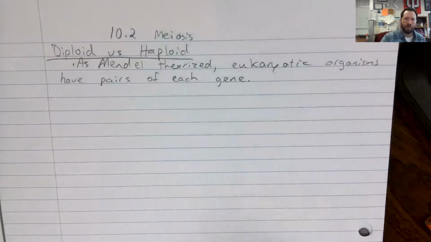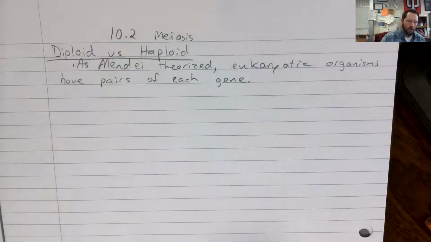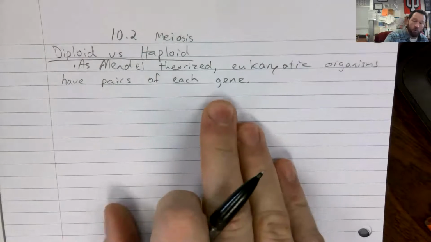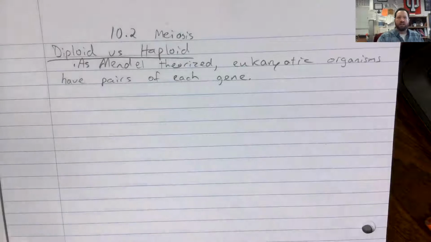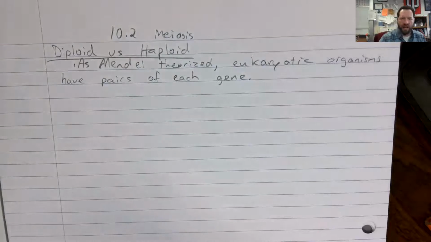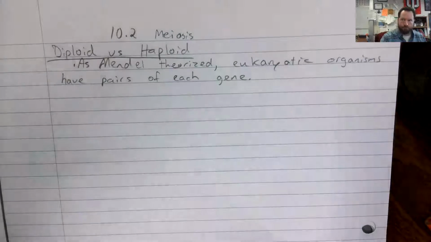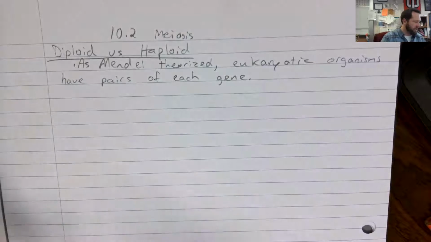Again, Mendel worked with his P plants, was able to figure that out. But again, he did that without knowing about chromosomes, without knowing about DNA, without knowing about genes. He just figured organisms have two of each trait, two copies of each trait.